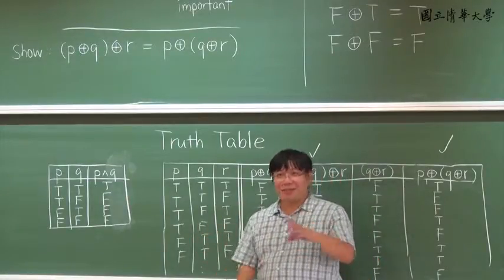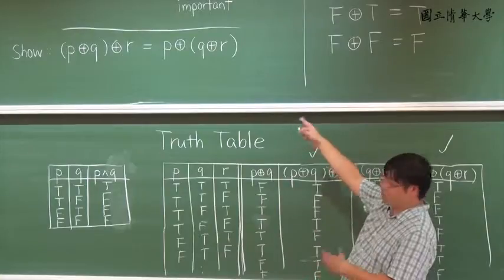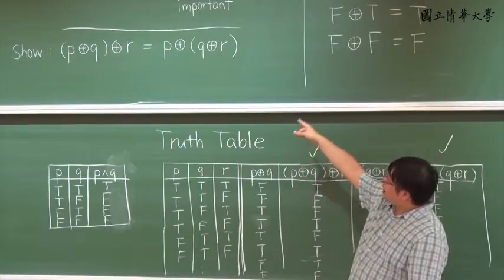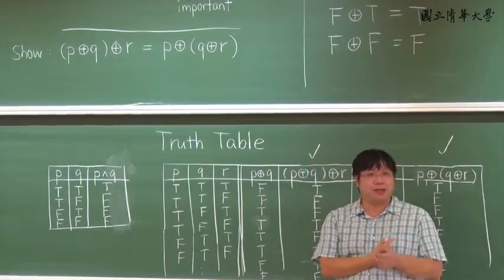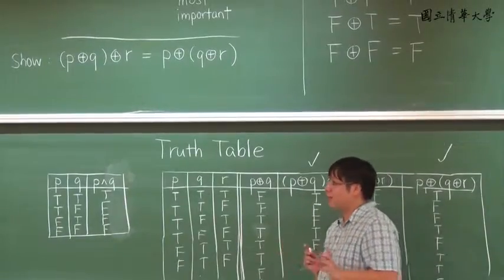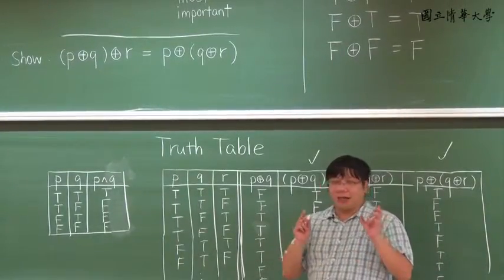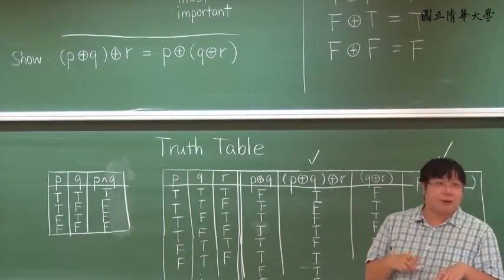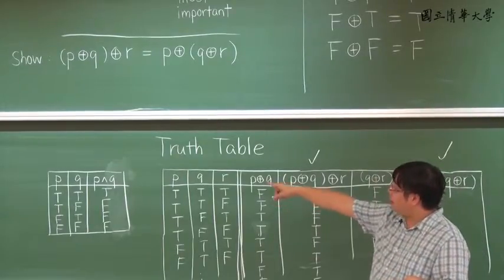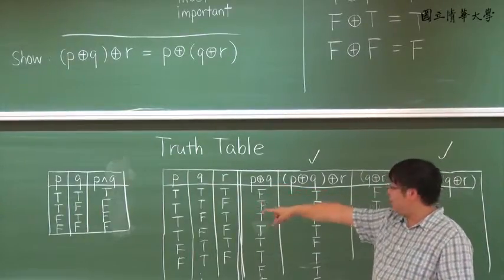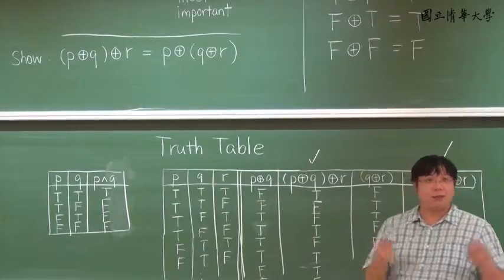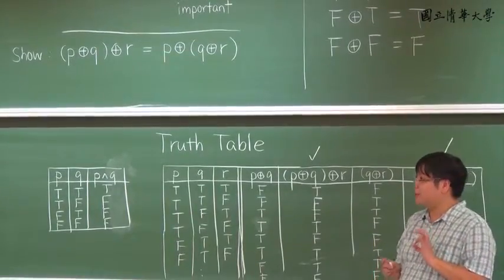Yes, because in the exam, it is often that we will ask you to prove some proposition is the same as the other one. So when the problem is very small, when the number of variables on the left hand side is 2 and here is 3, then it is okay to use the truth table.